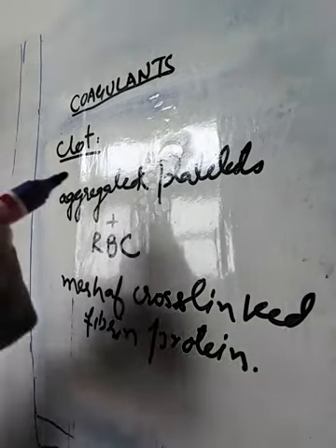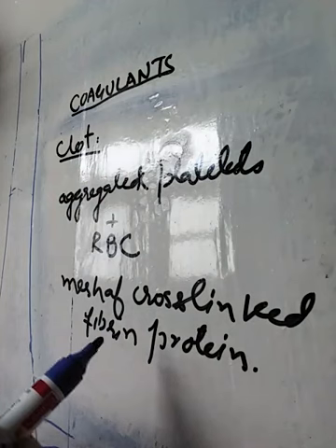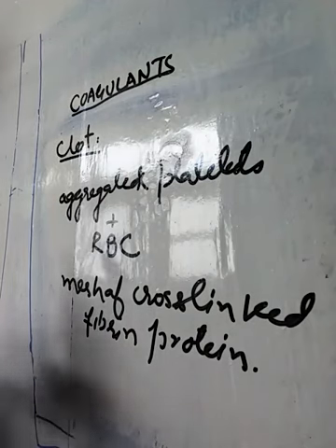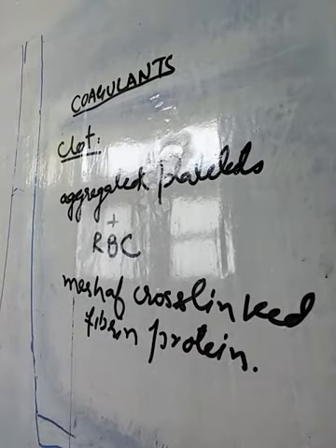So clot is the aggregated platelets plus red blood cells and mesh of cross-linked fibrin protein. This is the clot. Now let us study about mechanism of clotting.